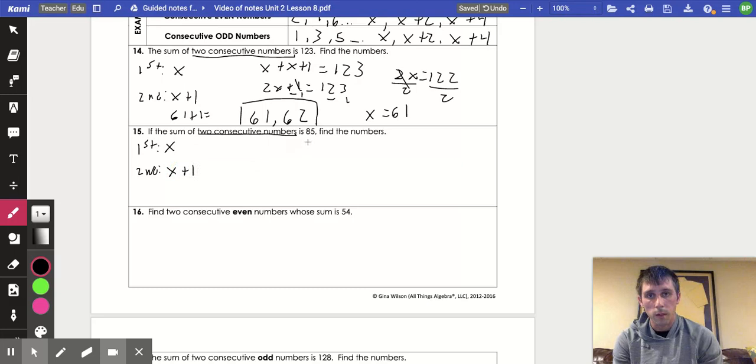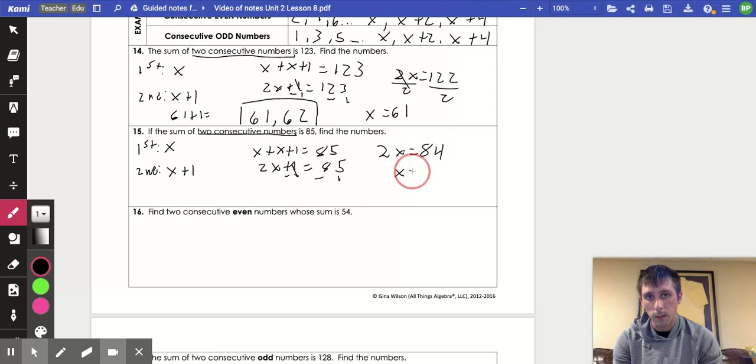The sum of them is 85. Find the numbers. X plus x plus 1 equals 85. 2x plus 1 equals 85. Subtract 1. 2x equals 84. Divide that by 2.